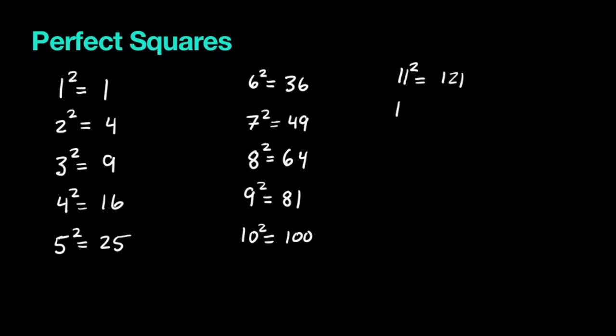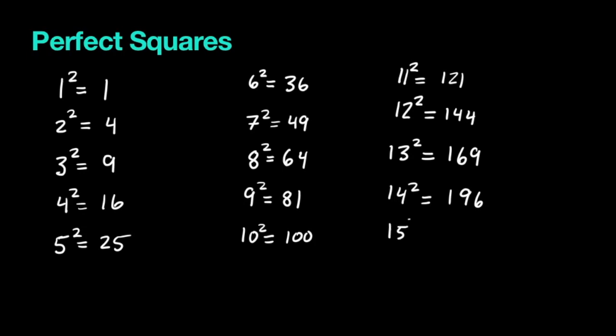Then you also have 12 to the second power, or 12 squared, and that's going to give you 144. 13 to the second power is going to be 169. 14 to the second power gives you 196. And 15 to the second power is going to give you 225.